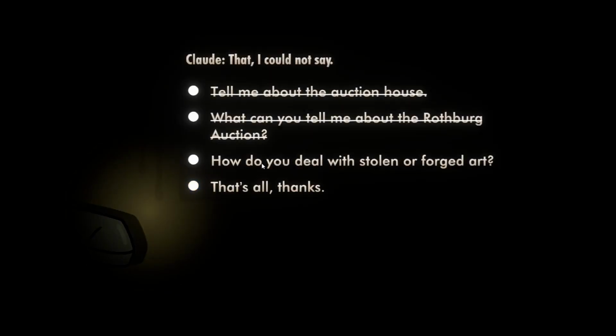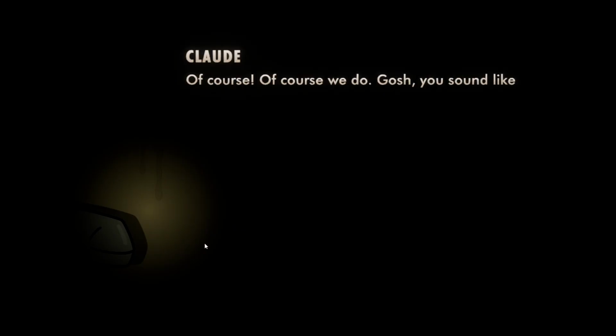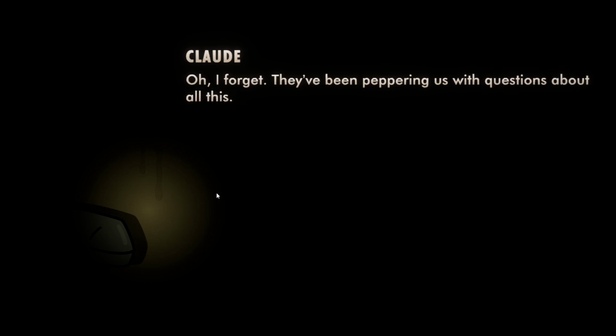How do you deal with stolen or forged art? Well, we certainly don't have any of that at Hoffman's. Sure, but I'm sure you do your due diligence. Of course we do. Gosh, you sound like you're from that publisher. What publisher? Oh, I forget. They've been peppering us with questions about all this.